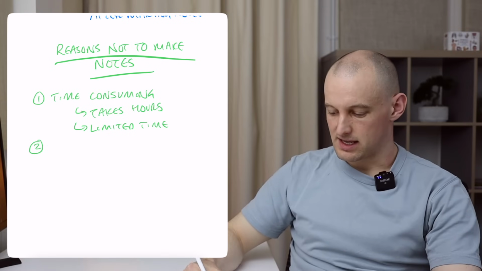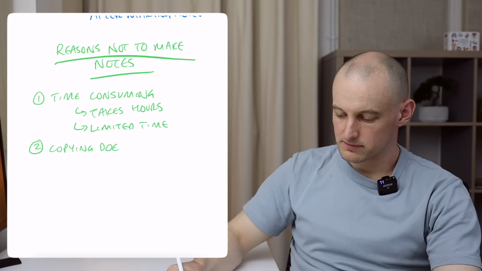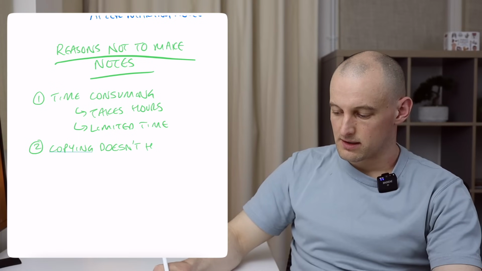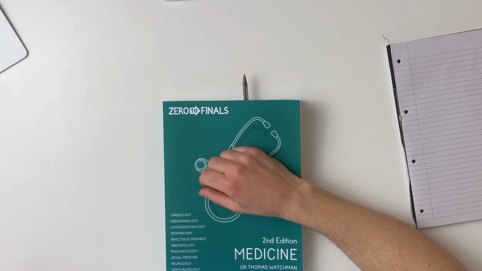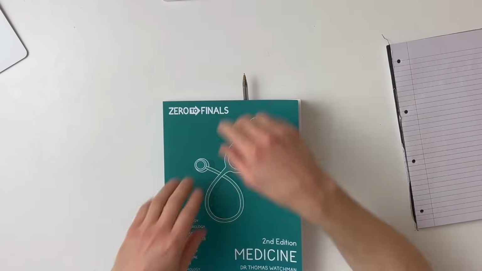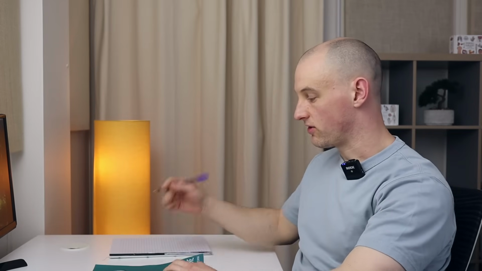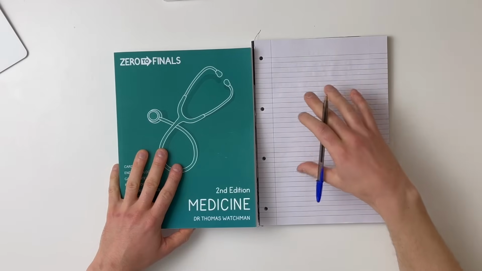Second reason is copying doesn't help. Let's illustrate what I mean by just copying out notes. You're sitting in the library with a textbook you're trying to learn from, creating a set of notes on your notepad, which you're going to put into a folder, keep for later, and study.